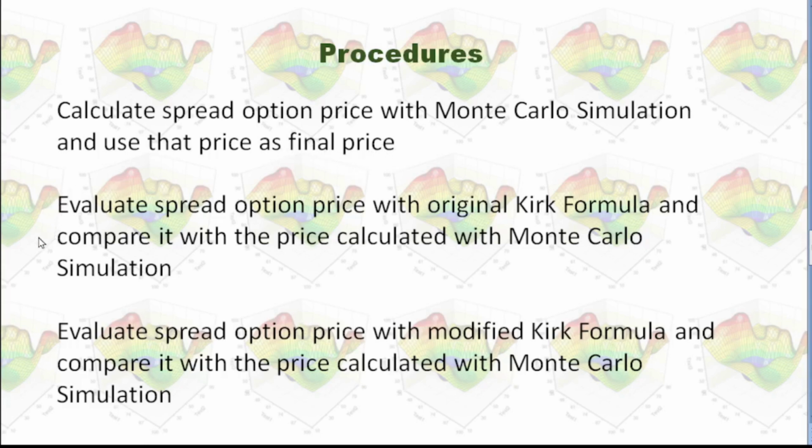And then we will evaluate the spread option price with the original Kirk formula and compare the result with the price calculated with Monte Carlo simulation. Similarly, we will use the modified Kirk formula and then compare it with the price calculated with Monte Carlo simulation. Okay, now let's go to our model.